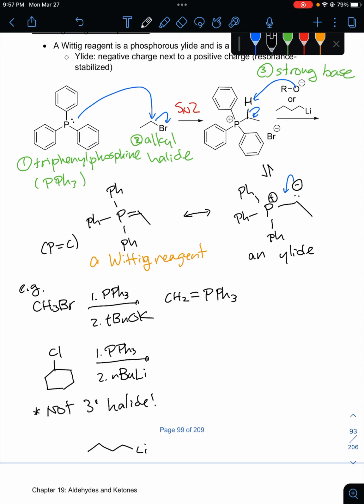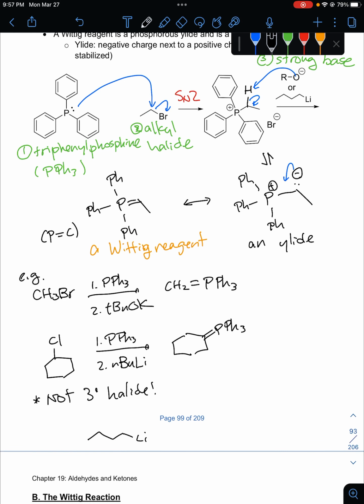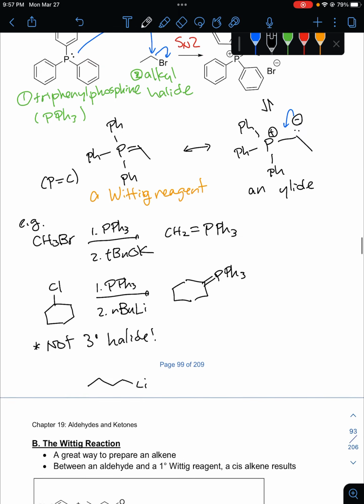If you squirt this into the air, it'll combust spontaneously. But it's that strong of a base, so it's no wonder it could make a Wittig reagent, and that's what you would get. Okay, so hopefully you're okay with the Wittig reagent generation.